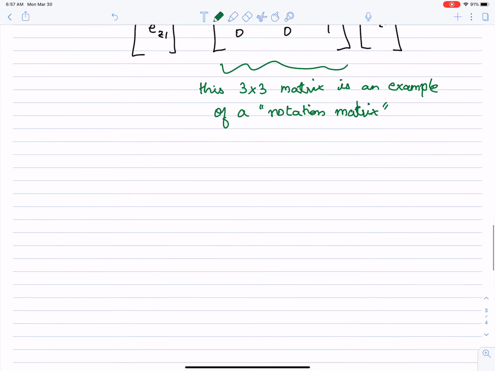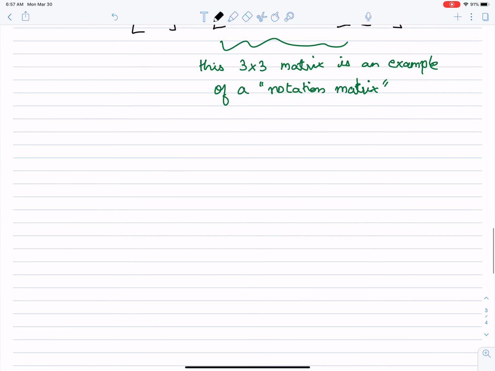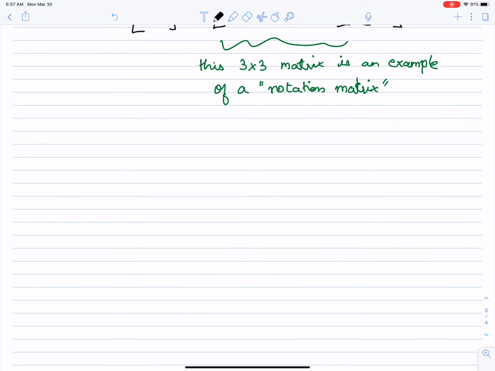Okay, what are rotation matrices? Essentially, rotation matrices are a special kind of 3 by 3 matrix, at least for 3D.